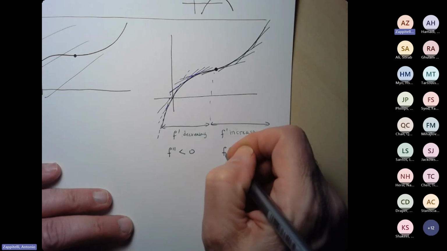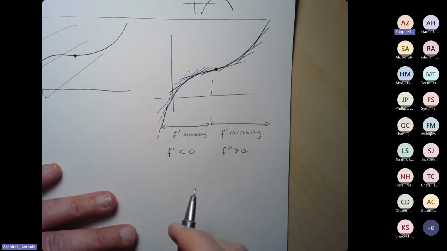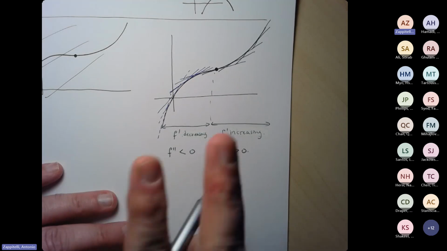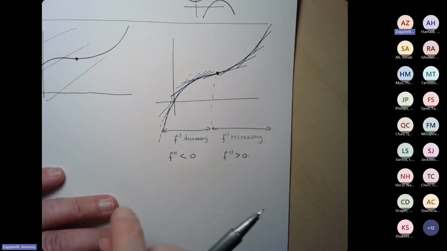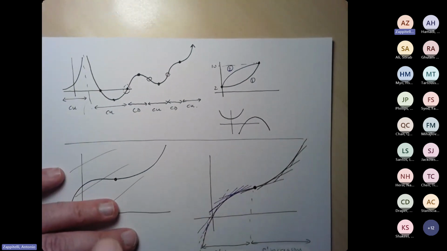The second derivative must be positive. And this is how we can determine concavity, not by the sign of the first derivative, but the sign of the second derivative.